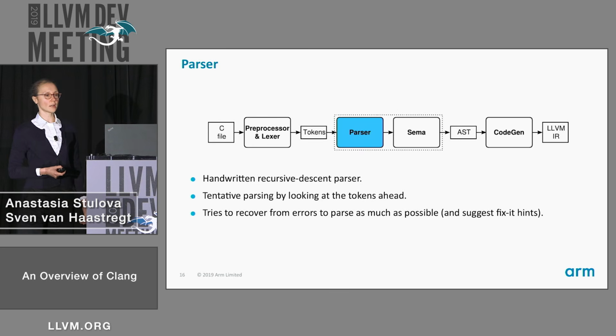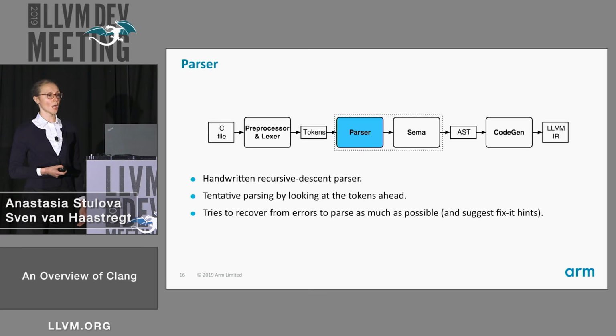In order to select the rule, the parser will look at the tokens ahead and try to see what is the next matching rule to apply. It will also perform tentative parsing, which means it will try to parse tentatively until it fails. If it fails, it backtracks.